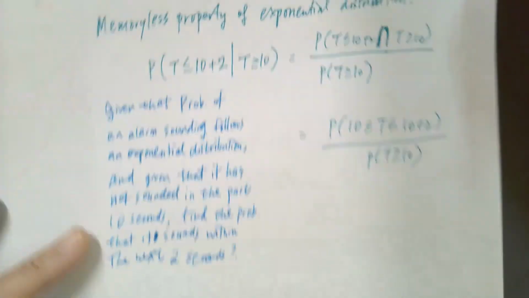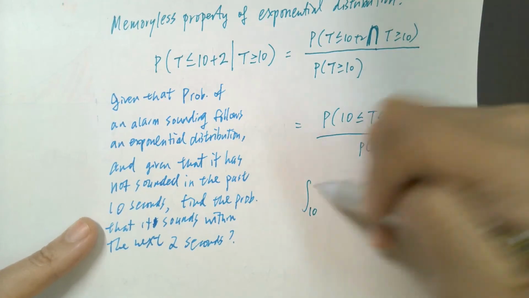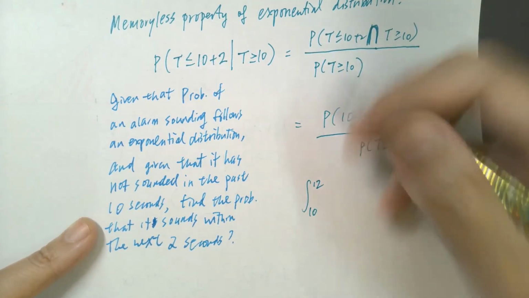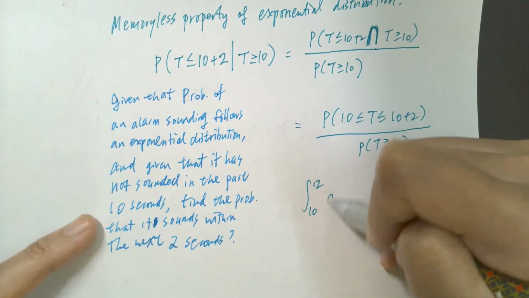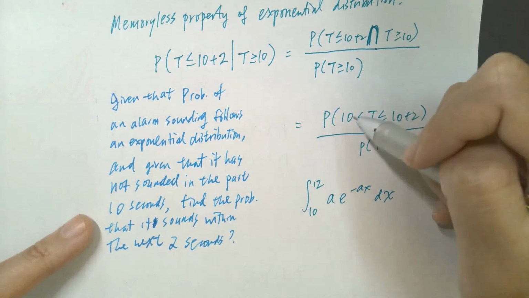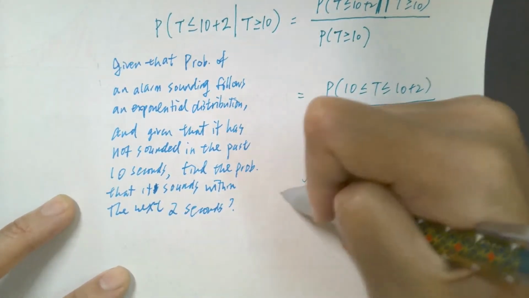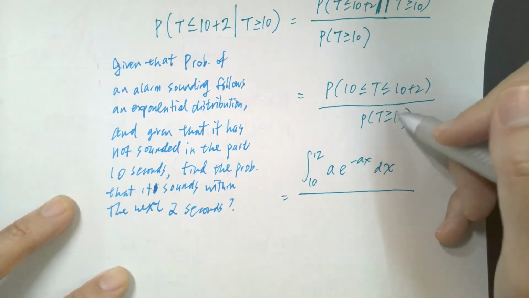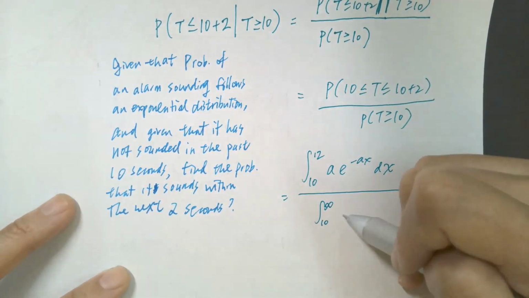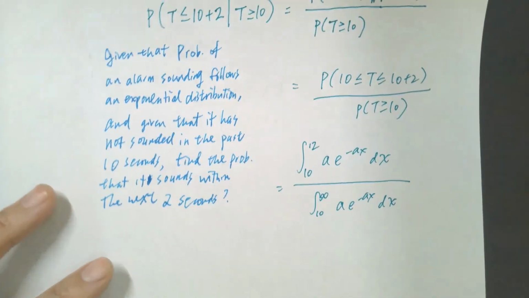No matter what your A is, you're going to have this between 10 and 12, where 12 is 10 plus 2, right? And then whatever your A is, this is what you're going to get on top, divided by greater than or equal to 10. So in the end, you're really just doing 10 to infinity by the same function, right? Okay, so this is the idea.